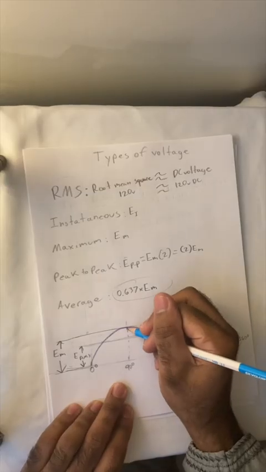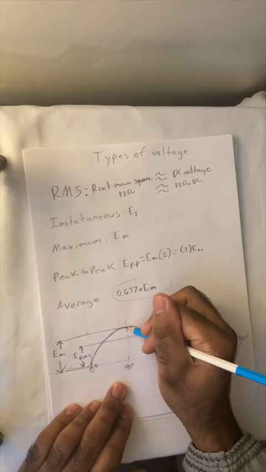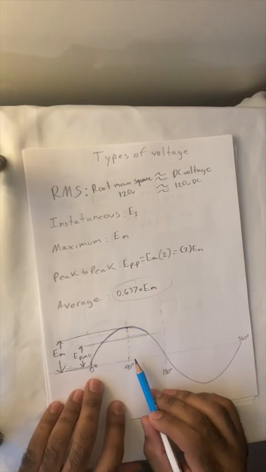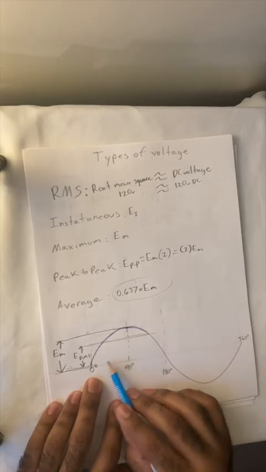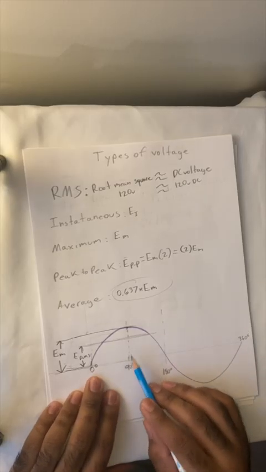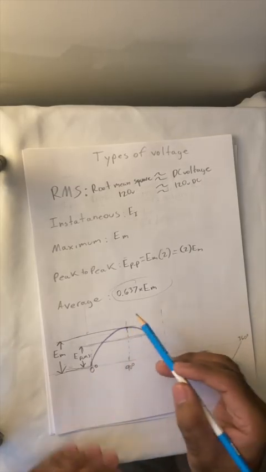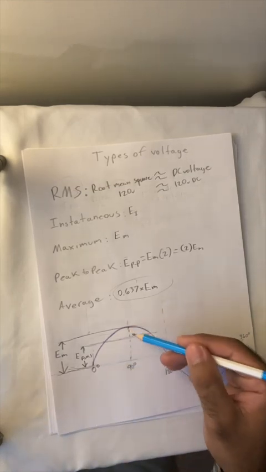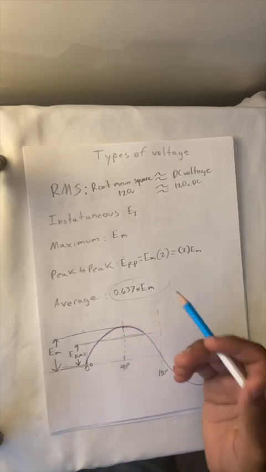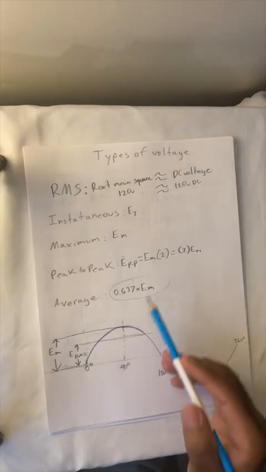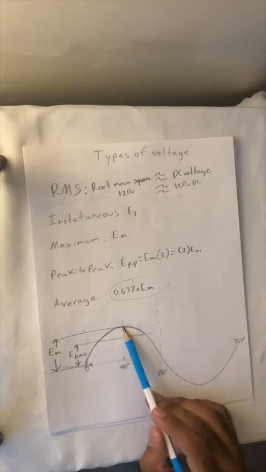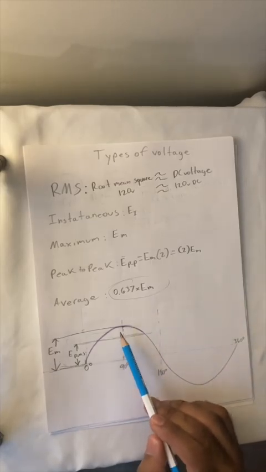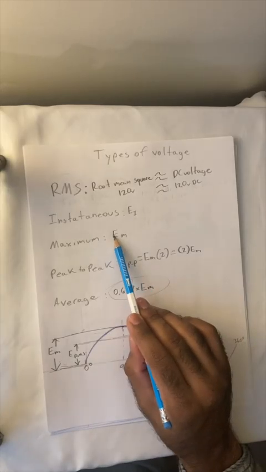Now, as far as the instantaneous voltage, on any of these instances, such as at 90 degrees, that would be the instantaneous voltage. If we wanted to find the instantaneous voltage at 90 degrees, it would basically be the full value. If the value of this were 100 volts, then it would equal the EM. So the voltage at the instant of 90 degrees will equal the EM voltage.